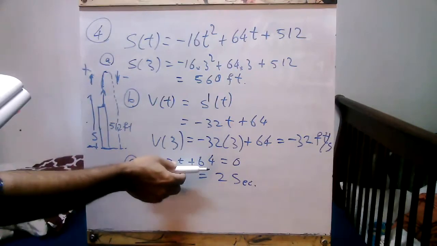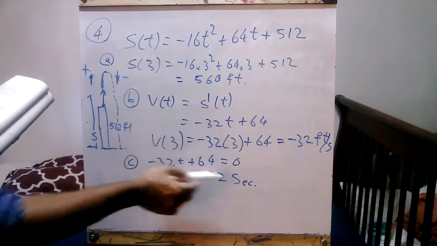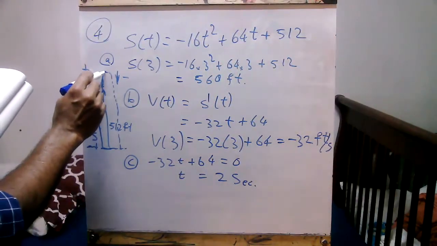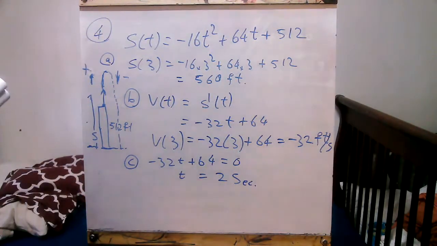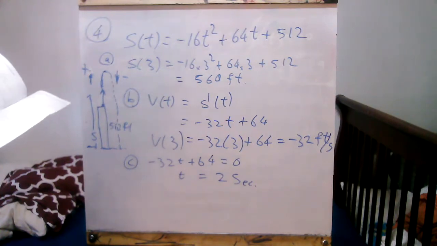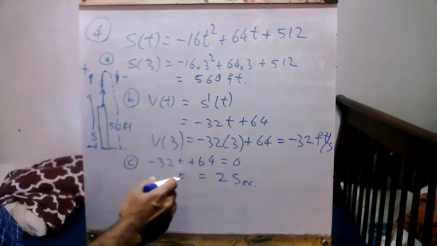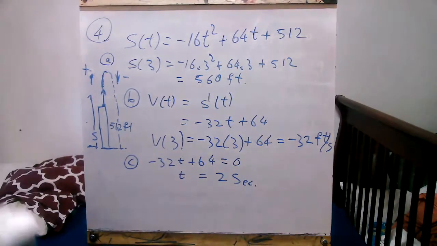We already set the velocity function equal to 0, and we found 2 seconds. That means it takes 2 seconds to get there. What's the question asking? What's the maximum altitude? That means it's asking for the distance. So substitute t in the distance function, we get the altitude.